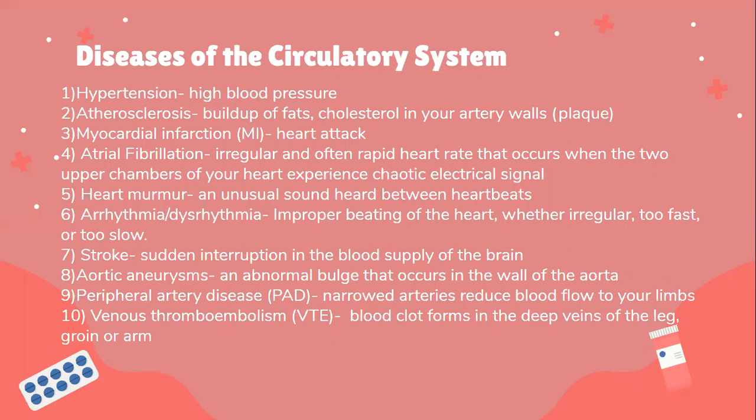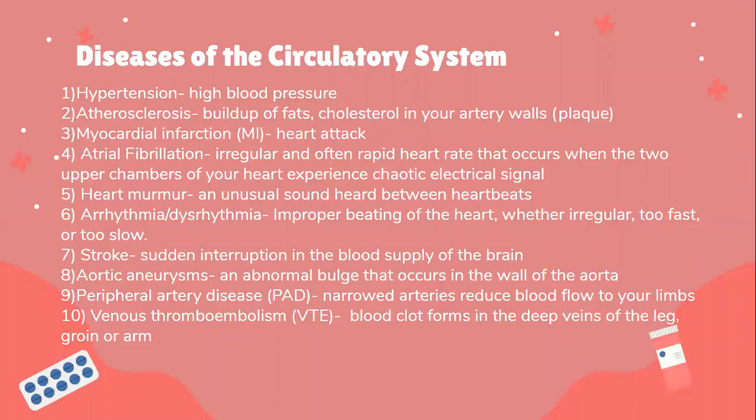Then we have atrial fibrillation, which is an irregular, mostly rapid heart rate that occurs when the two upper chambers of your heart, the atria, experience chaotic electrical signals. There are different ways to treat it. It's not super deadly.